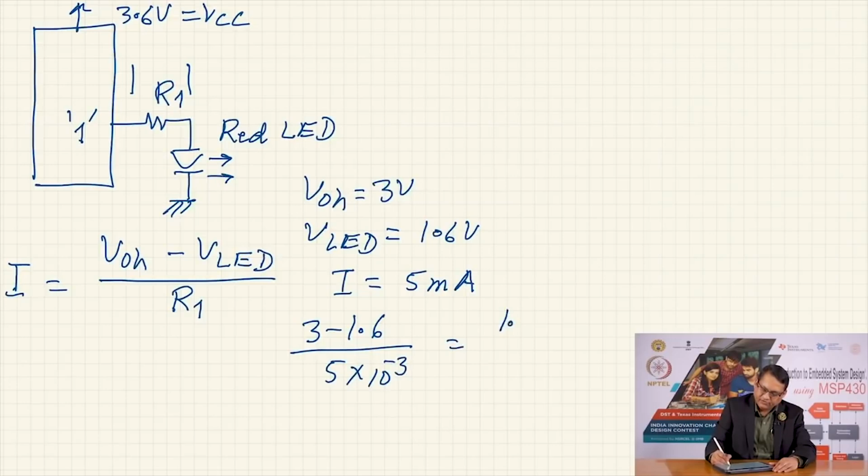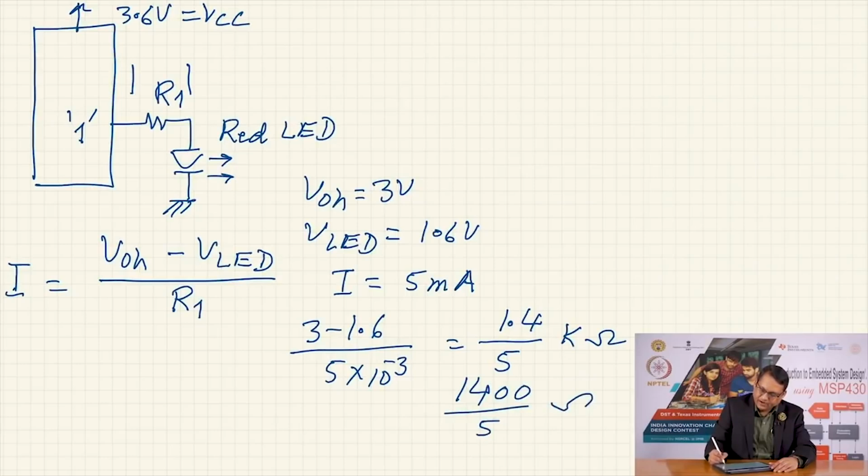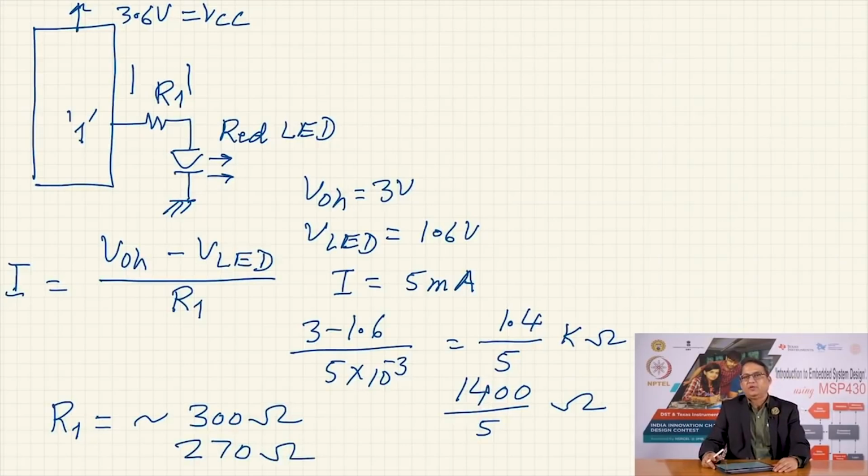This is 1.4 divided by 5 kilo ohm, so this is 1400 divided by 5 ohm, and R1 is roughly 300 ohm. You can safely use a standard value of 270 ohms to allow about 5 milliamperes of current through the LED.